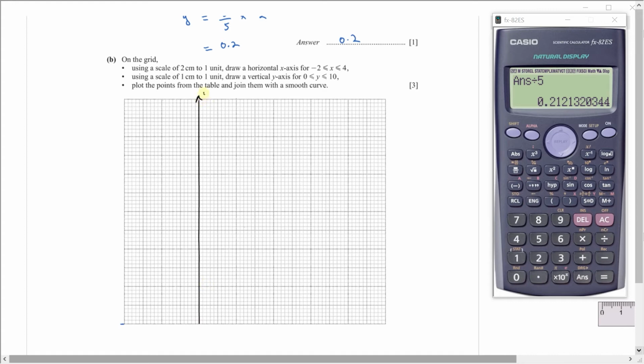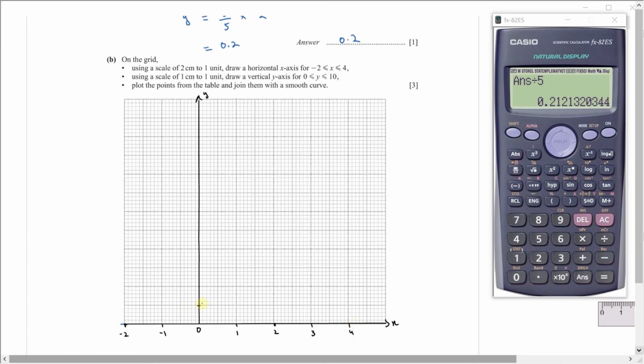So this will be your y-axis, and this will be your x-axis. And then we label it as well. So this is the x-axis starting from -2, -1, 0, 1, 2, 3, and up till 4.